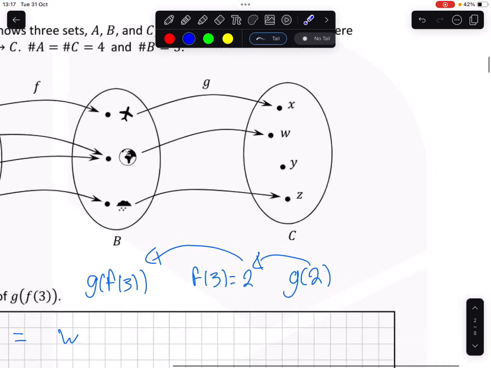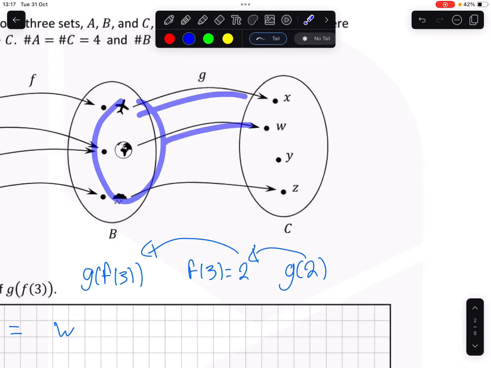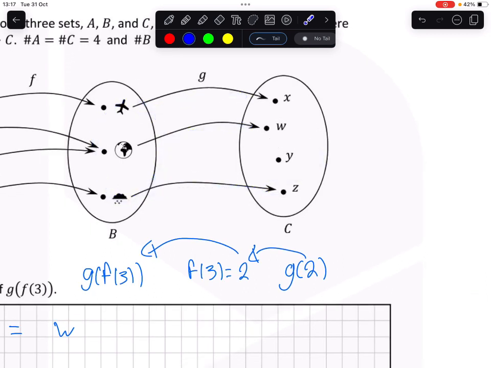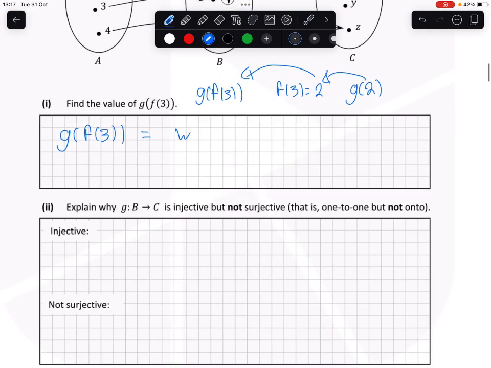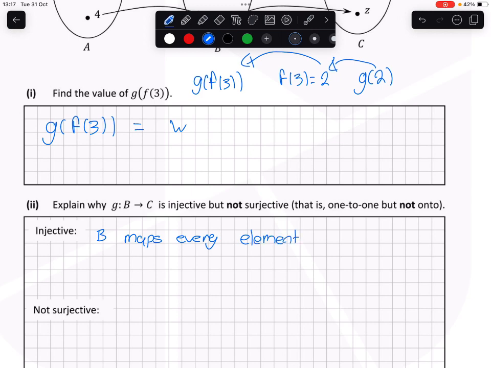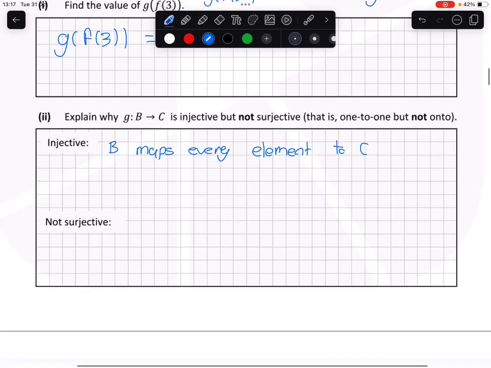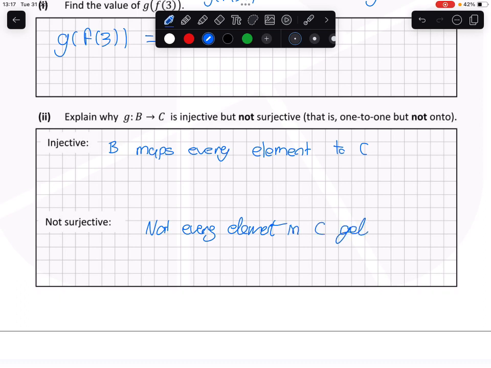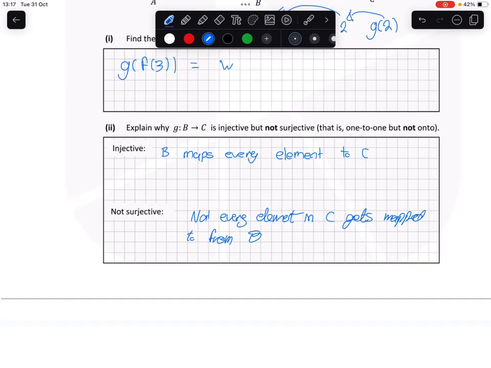So if we look at B again, B maps 3 things to X, W, and Z, but nothing gets mapped to Y. So if we were writing down anything, we know it's injective because B maps every element to C. And why it's not surjective: not every element in C gets mapped to from B. And there we have it.